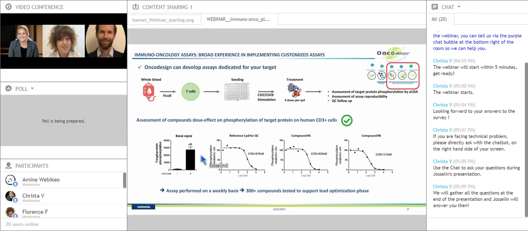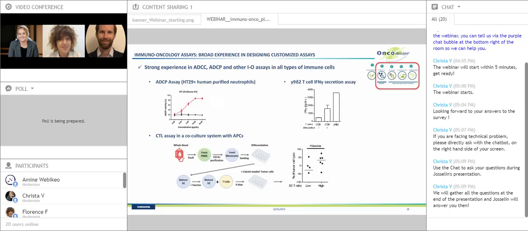And then the three next graphs show the dose response of compound. Here is the reference compound we use for quality control to just check that we didn't have variability between the different experiments. And then two results from compound A and compound B, for which we could calculate the IC50 and then communicate this IC50 to the project team so they could include the results in their analysis for the drug discovery program.